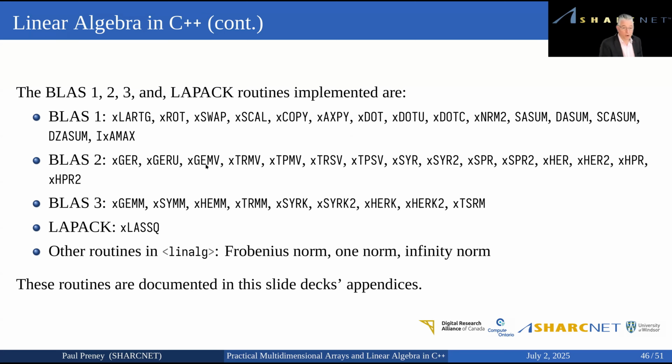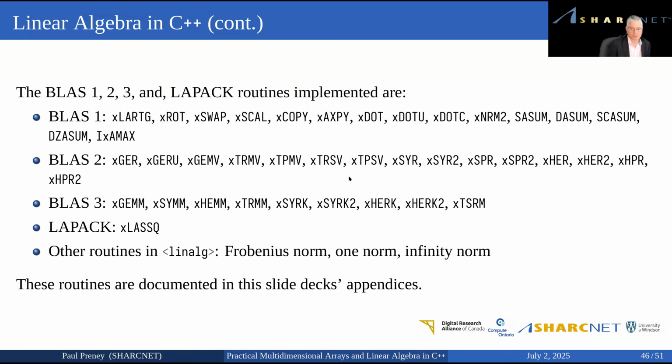You might say, oh, I know BLAS. What does it support? Well, all of these routines are implemented where the small x is S for single precision, D for double precision, C for complex, that kind of thing. So x just stands for the type there. In C++, everything's templated, so you don't have to specify all that.